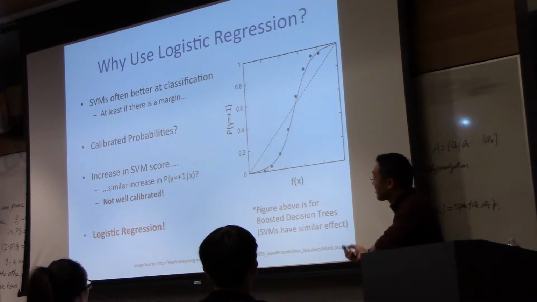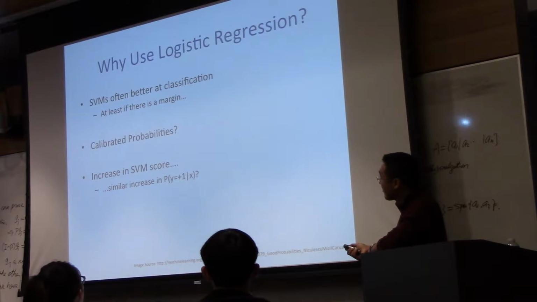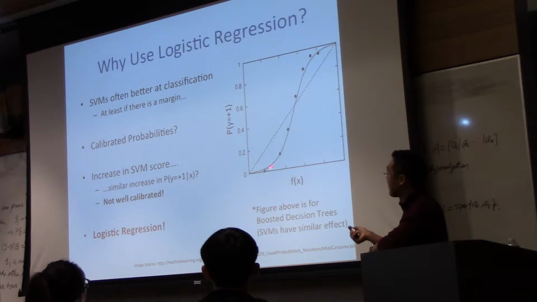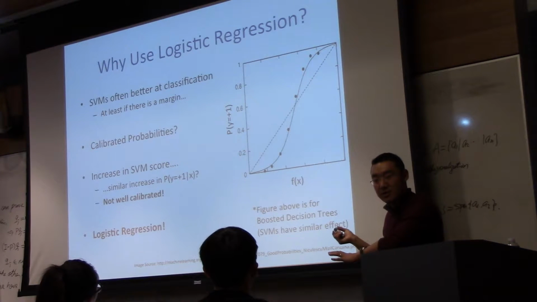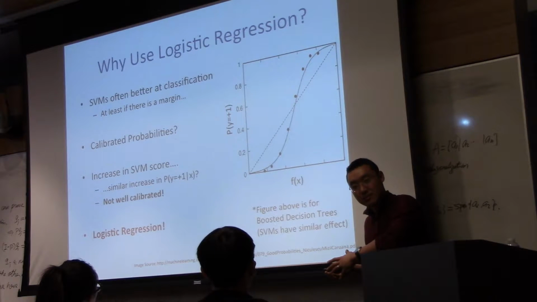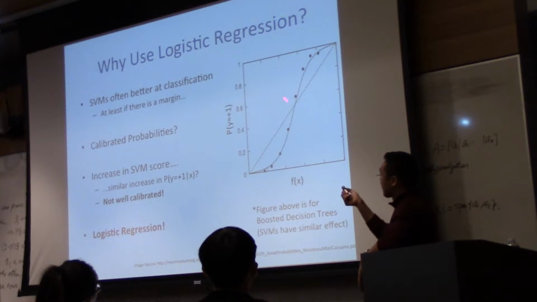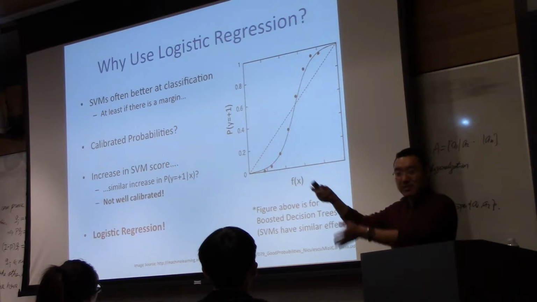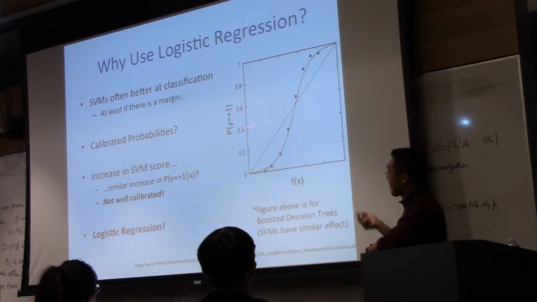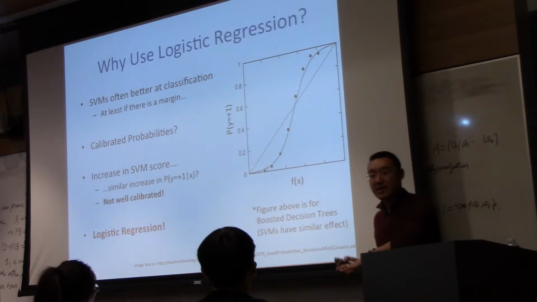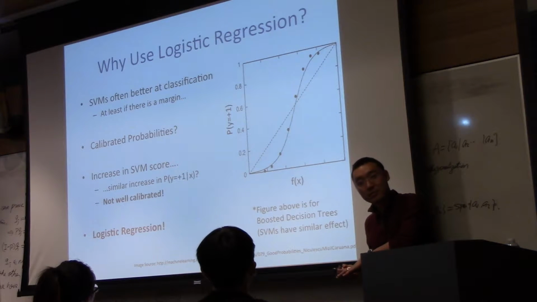This is a monotonic transformation of the data, so it won't decrease the accuracy of the classification, because there's some threshold by which you predict positive rather than negative, and since it's a monotonic transformation, it will preserve the accuracy of the SVM.